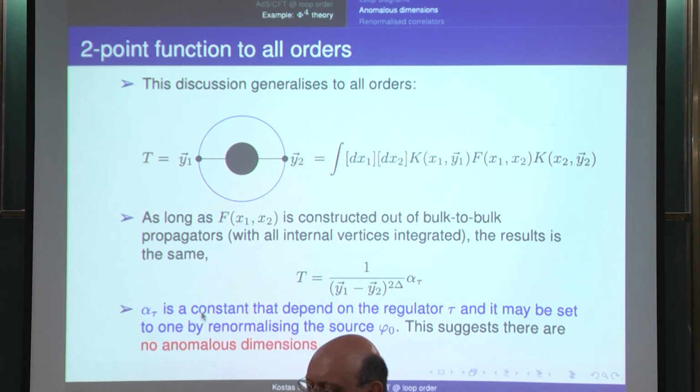I don't think there's any problem that has been analyzed to all orders in bulk loops. Yes, it should be the same as in flat space.